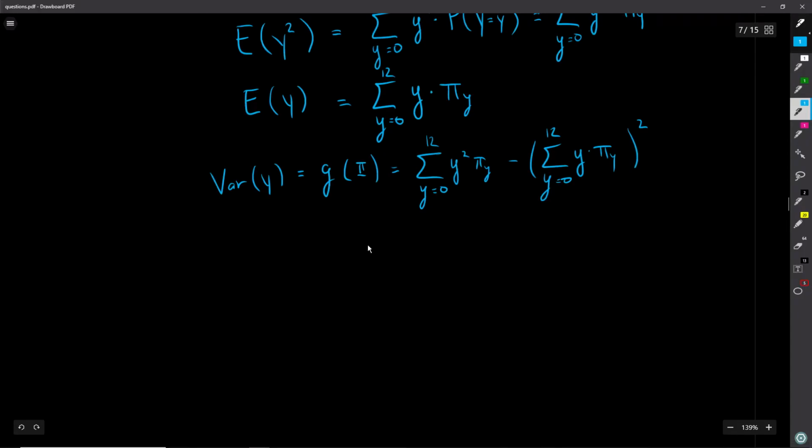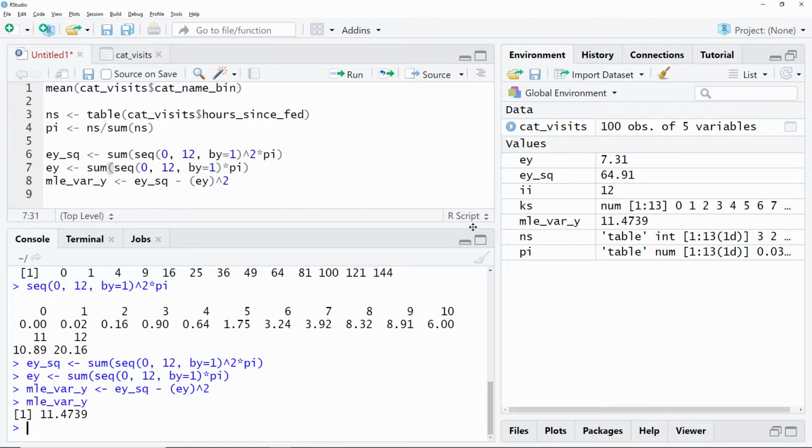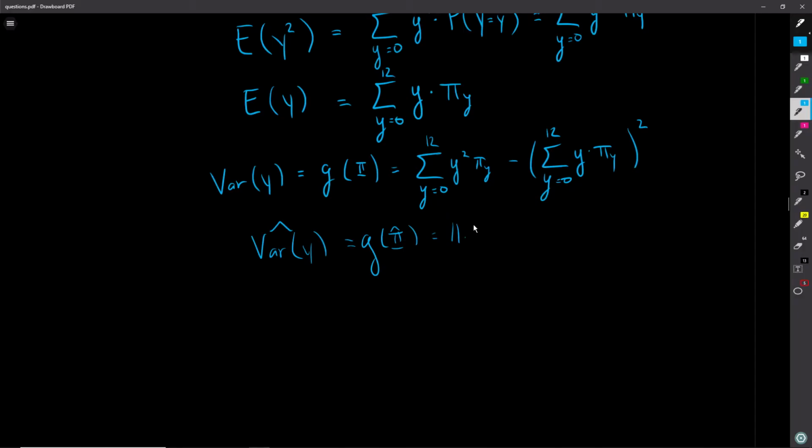Coming back here and finishing up, that means our MLE of the variance of y is g of pi hat, which was 11.4739. And so those give us the MLEs for the variance.